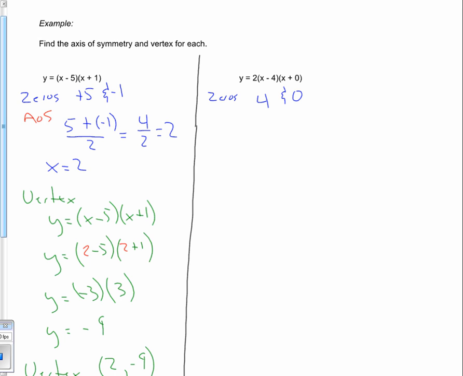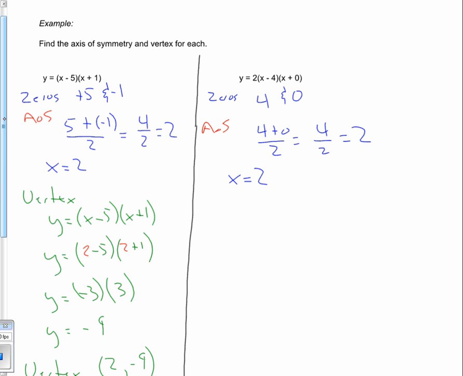To figure out the axis of symmetry, we take the average of those two numbers. We add them together and divide by 2. So 4 plus 0 divided by 2 is 4 divided by 2, which is 2. So the axis of symmetry is x = 2.